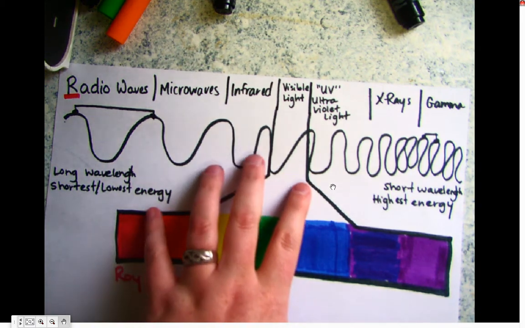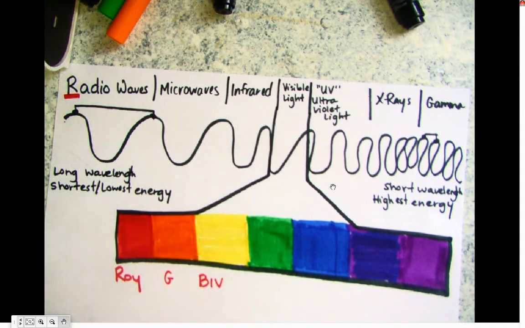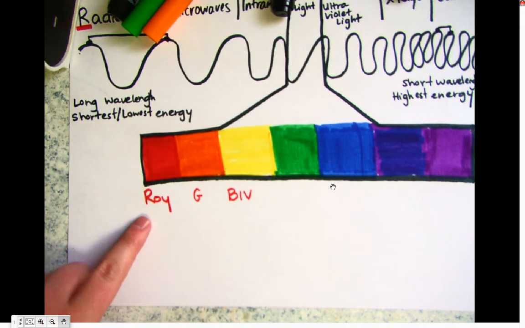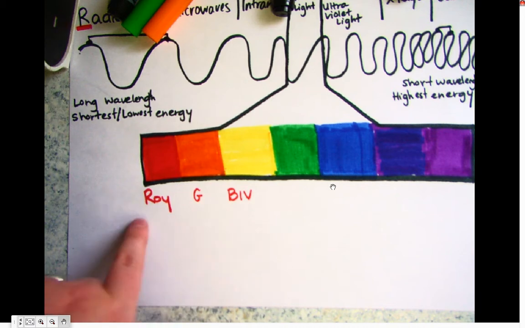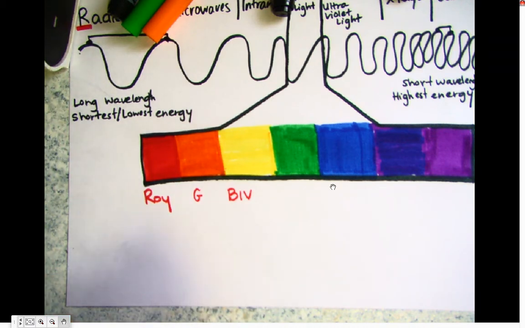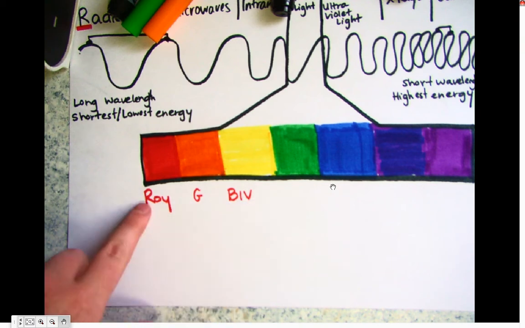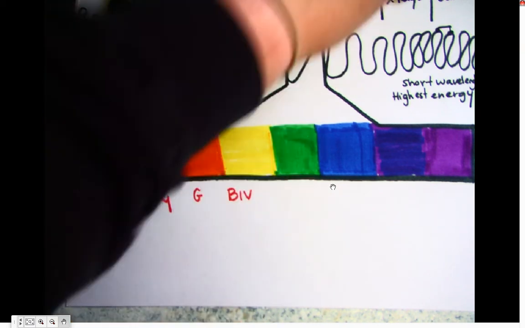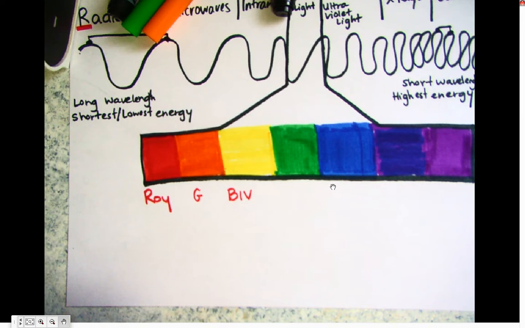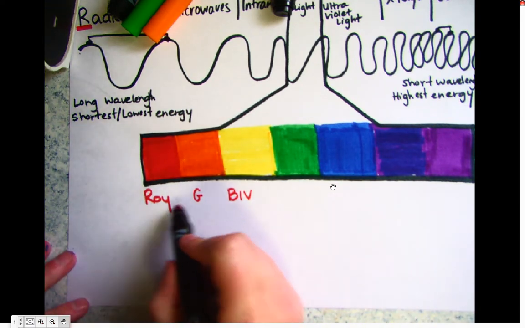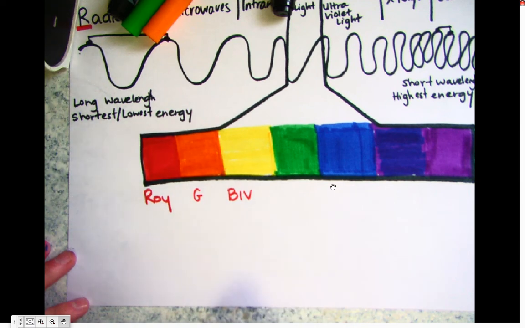You have got to know this, and something I think would be cool for you to do is to create a mnemonic device. Come up with a saying that starts with these letters: red, orange, yellow, green, blue, indigo, violet, Roy G. Biv.